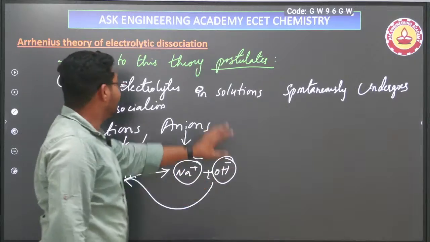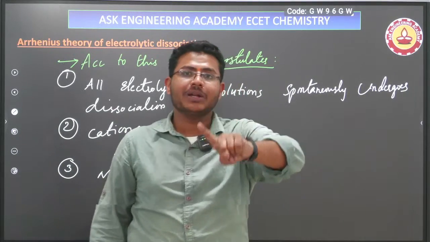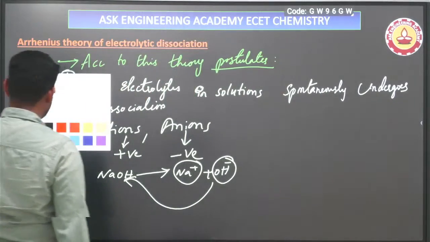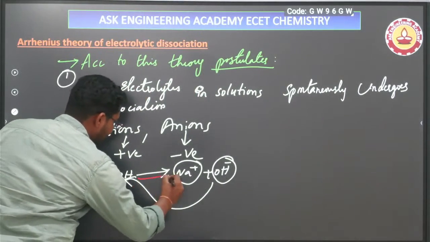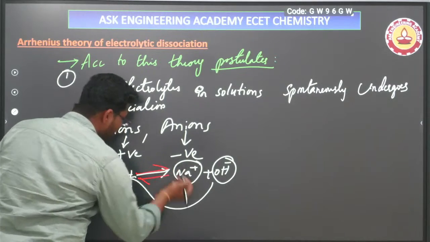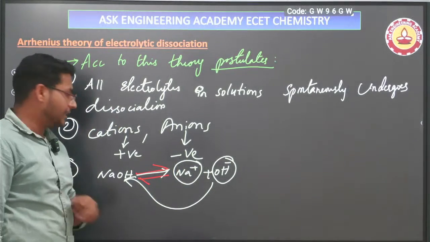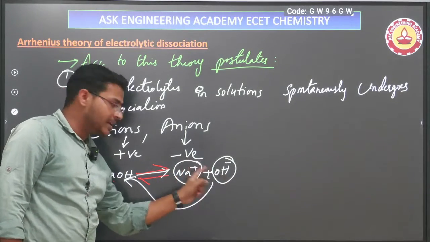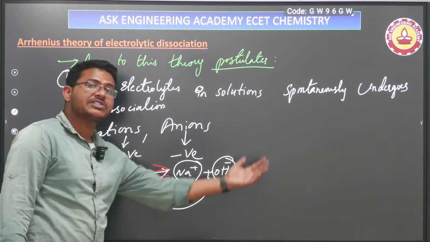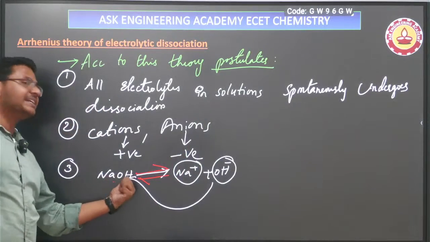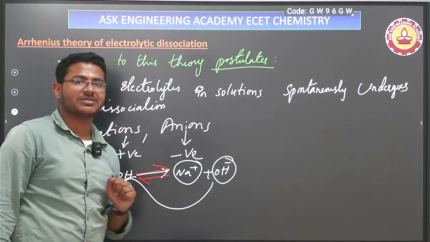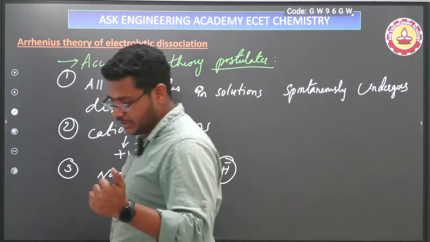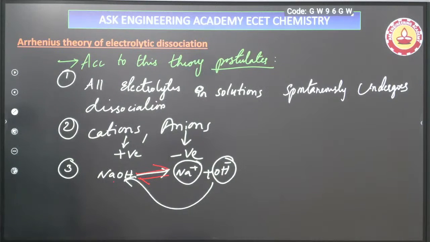Because of that, electrolytic dissociation is a reversible process, represented with two arrows. Undissociated NaOH dissociates into ions, and again these two ions try to form undissociated NaOH. It depends upon temperature, pressure and so on. This is all about the Arrhenius theory concept.